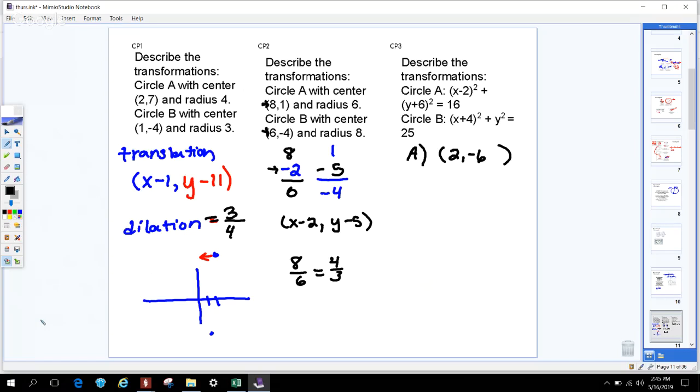We have to switch the signs. What's the radius for circle A? 4. Why is it 4? Yep, 4 squared. The formula will tell you r squared equals 16. So we have to take the square root.